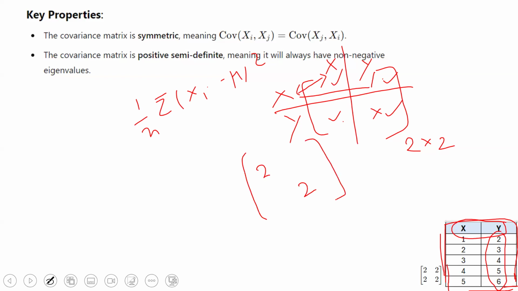Now we have to find out the covariance between the two axes. Those are also 2. So this is how the covariance matrix will be represented: 2, 2, 2, 2. So now we have the covariance matrix.